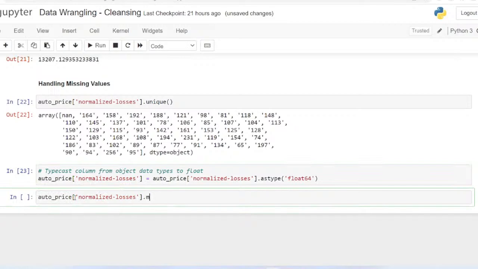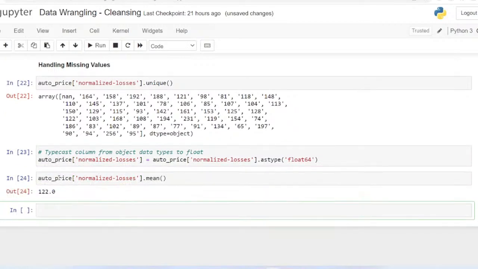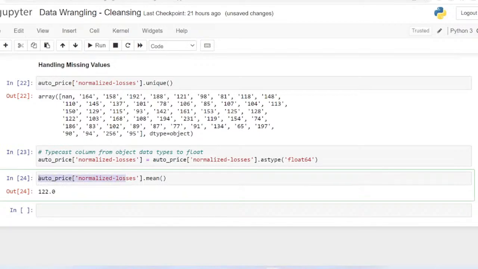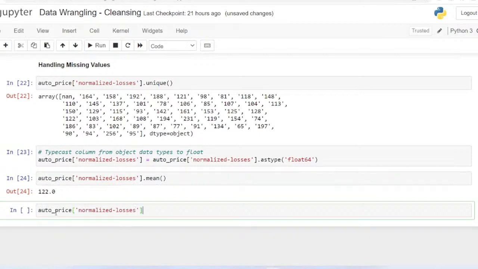Let's apply here my mean. So I'll replace the nan by the mean value. Everybody focus here on how to use it. I take my auto price, normalized losses. Replace can take three values. First, you can take your replace function, and we take np.nan. So I need to replace the nan value by what?